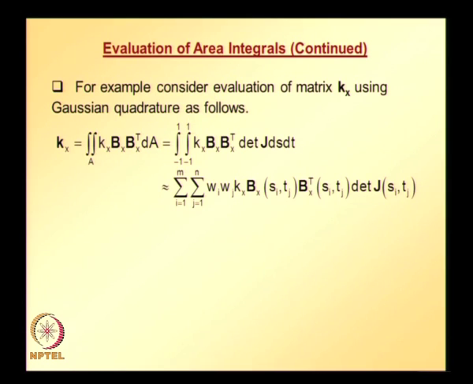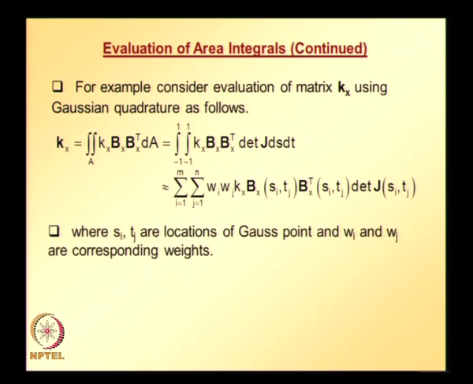So, if you see this formula, si, tj are locations of Gauss point, wi, wj are corresponding weights.